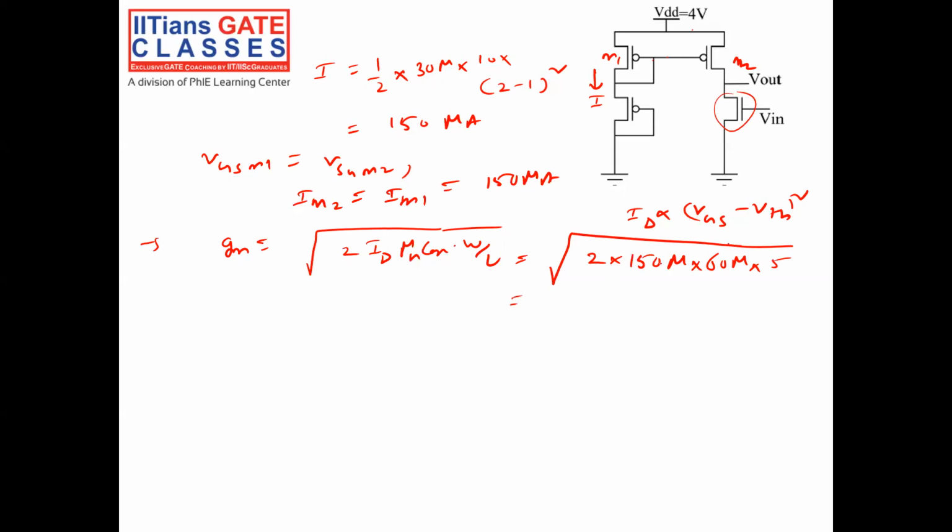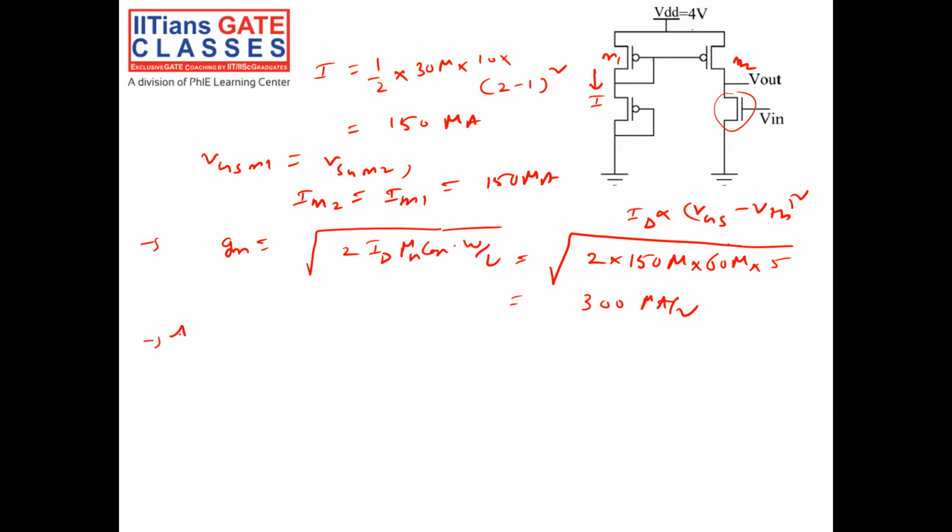See what we will get. The micro gets cancelled, and we get 300 microampere per volt. This is my GM.